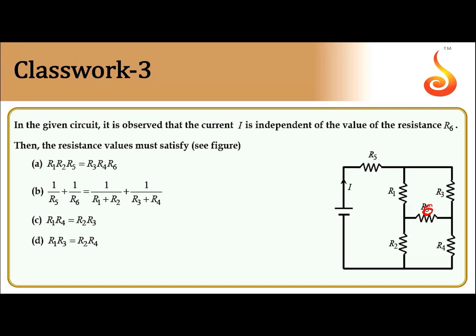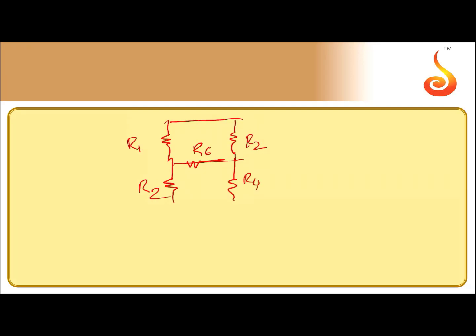So, you notice in this problem that this is actually a Wheatstone's network. Let us represent it. R1, R2, and we have R5, that is R6, and this is R3 and R4.